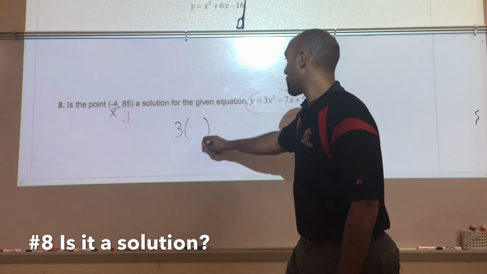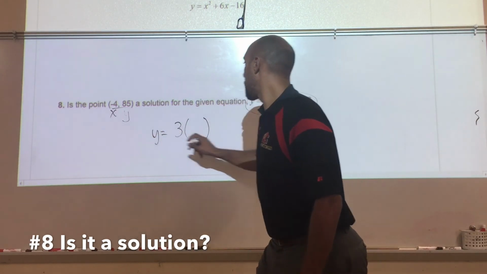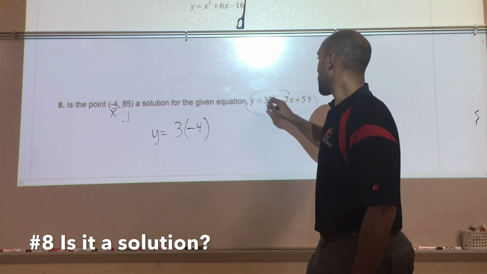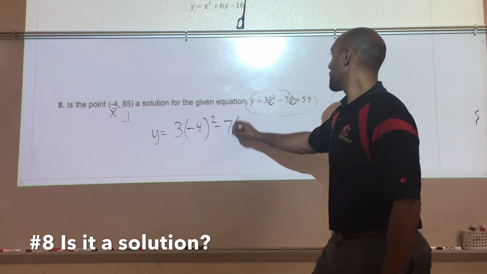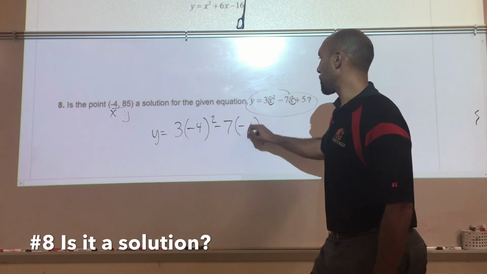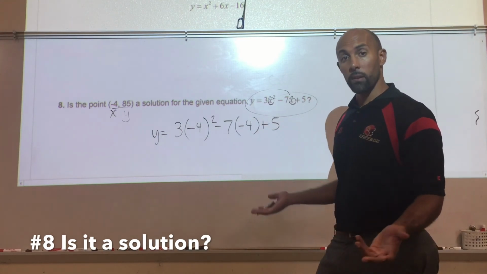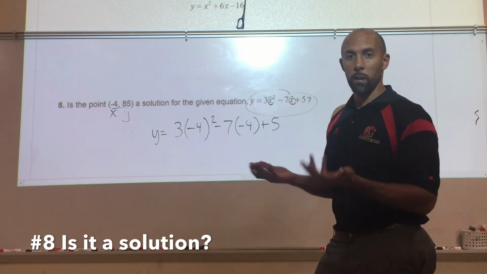Okay, so I'm going to rewrite the equation. So I'm going to plug in the -4 for x here and here. So squared minus 7 times the x there, so -4 again, and then plus 5. And then just go ahead and plug that in the calculator, and then you'll know if it's a solution or not. Or just do it by hand.